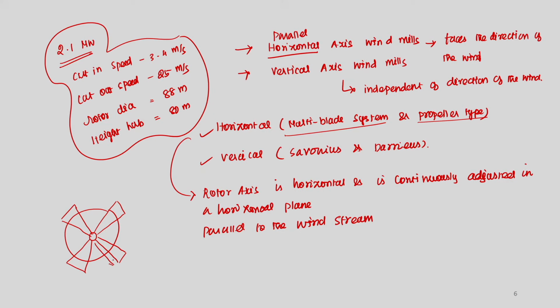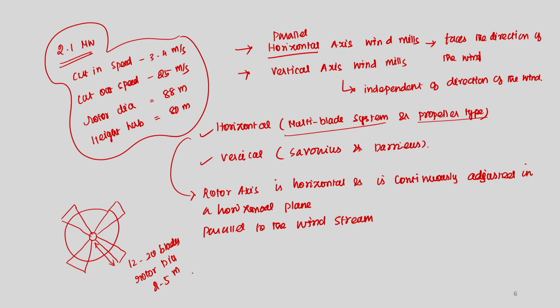If you see, the width of the blade increases from the inner end to the outer end, and the inner end is fixed to one circular rim. In the same way the outer end is also fixed to another circular rim. So, it mostly contains 12 to 20 blades, right. Rotor diameter is about 2 to 5 meter. Right.